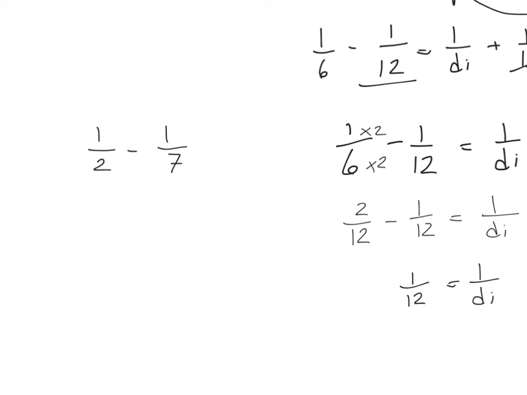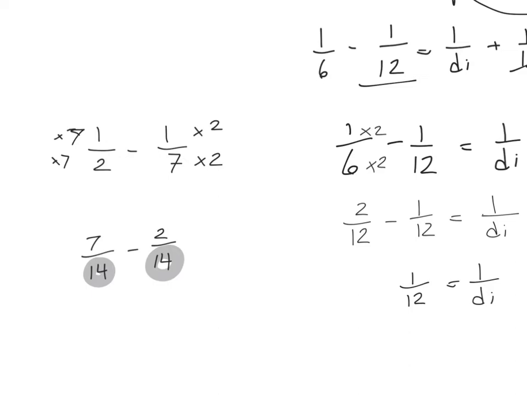What you can do is multiply them by each other. So what this looks like is I would multiply this by 2 and multiply this by 7. So 1 times 7 is 7, 7 times 2 is 14, minus 1 times 2 is 2, 7 times 2 is 14, and so now we have them over the same denominator again.